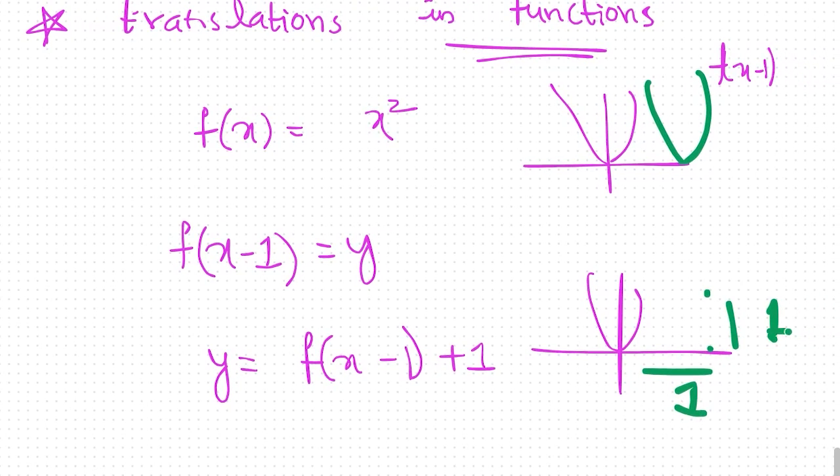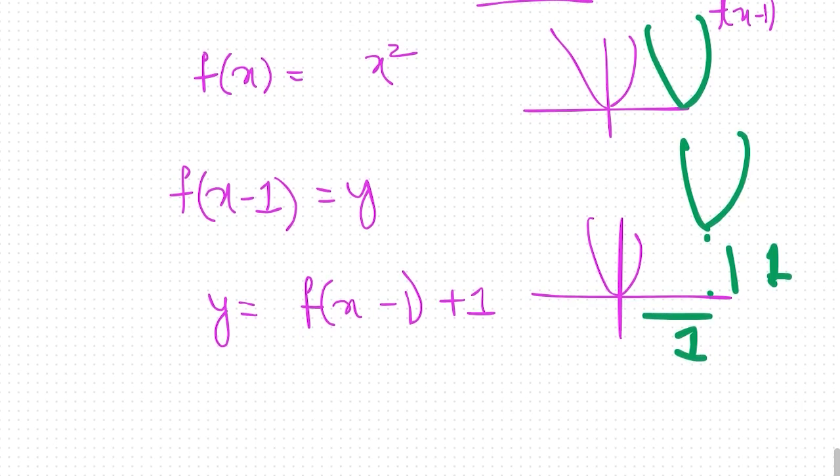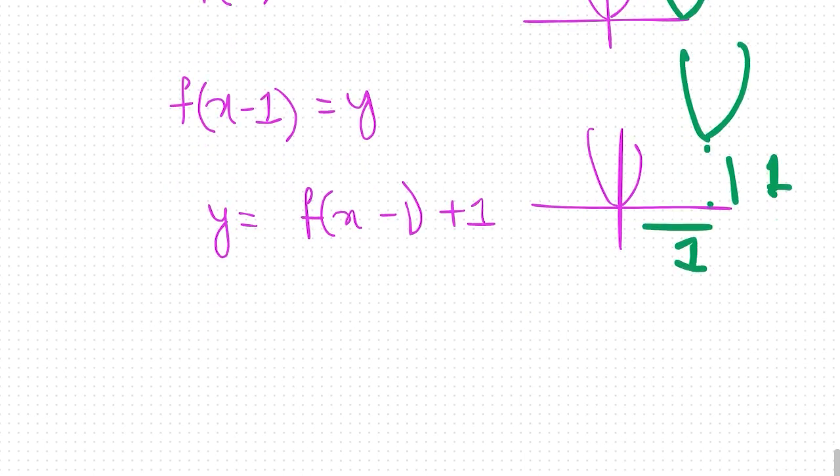So the graph starts from here like this. That is about horizontal and vertical translation.